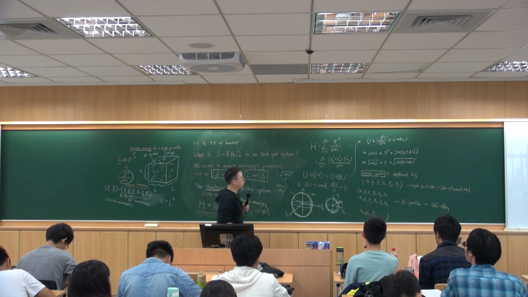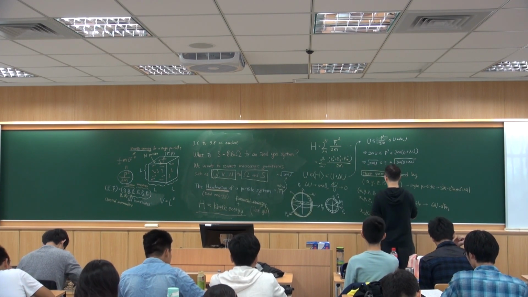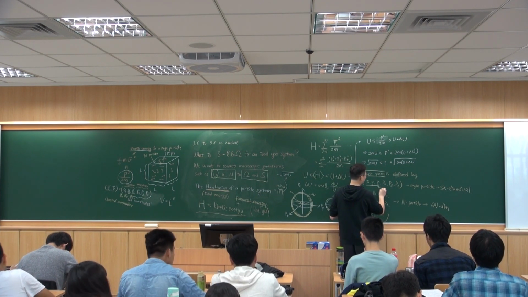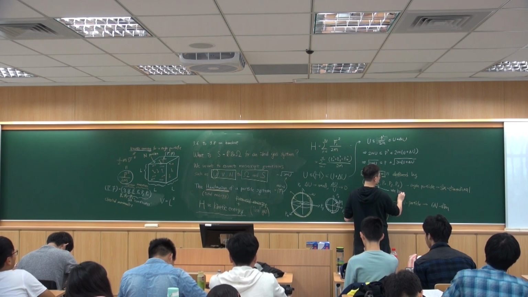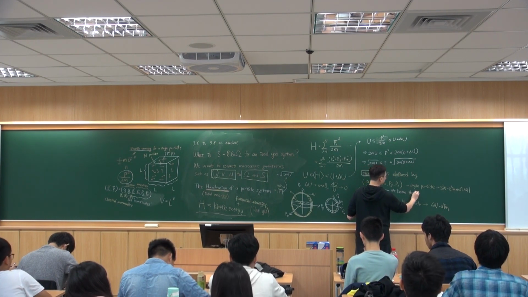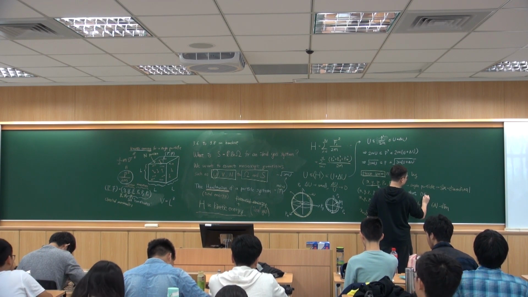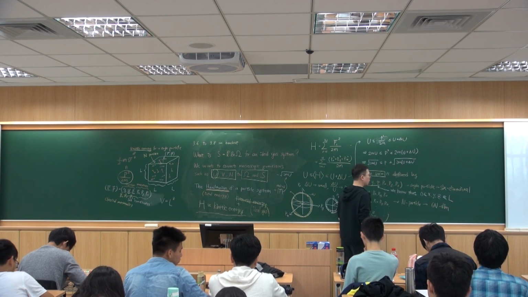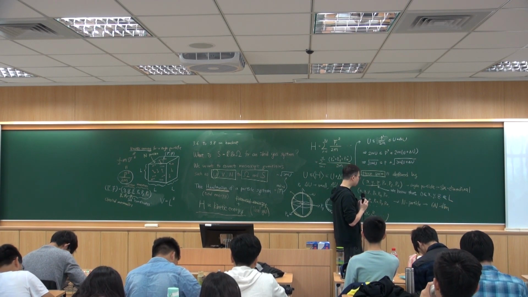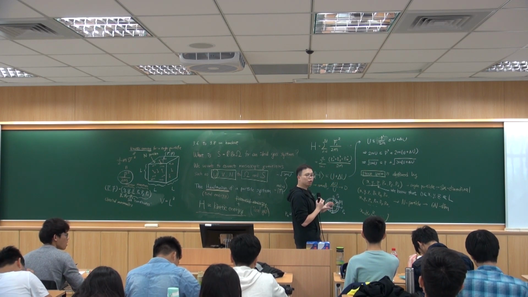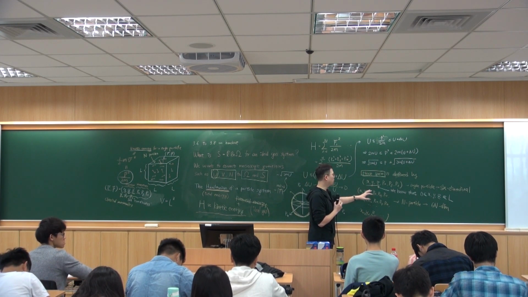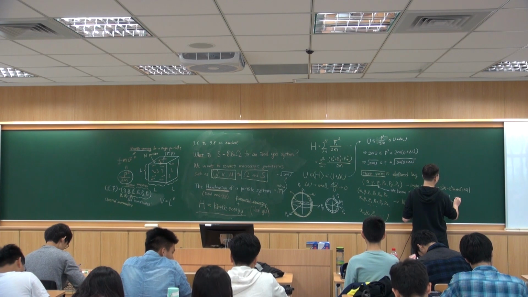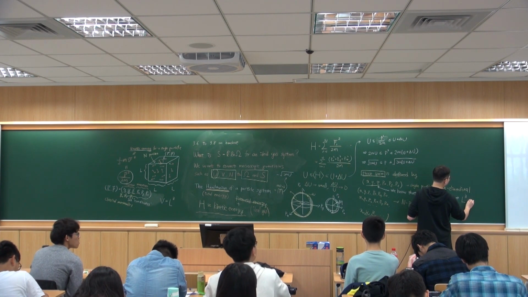Therefore, x, y, z should be within that volume. So the phase space contribution for the x, y, z coordinates will be just L to the 3, which is the volume.